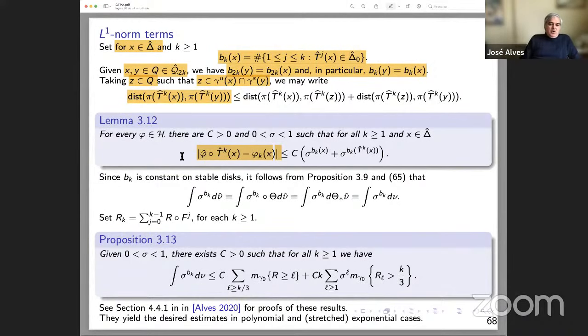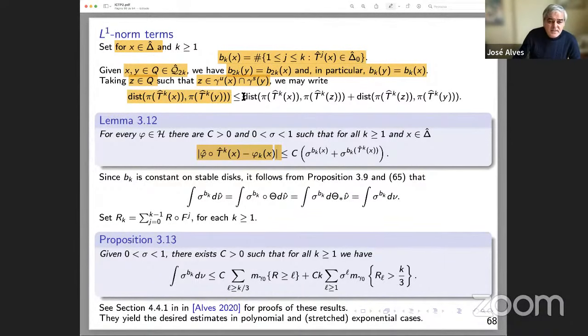And so, using the fact that phi is Holder, we pass to estimating this distance here above, essentially only using the definitions of these objects phi_k and phi hat.